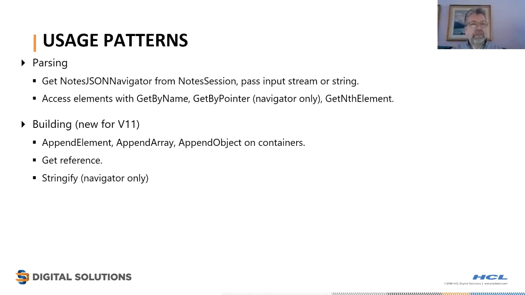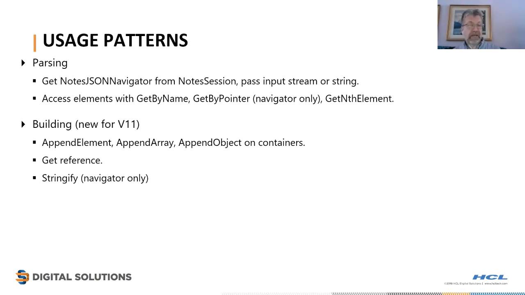All right, so your basic usage patterns are, for parsing, you get the navigator from the node session, you pass an input stream or a string, and then you access elements either by name, by pointer, that's only at the navigator level, or basically random access using the nth element API. And then new for 11 is the append element, append array, and append object on all the containers.